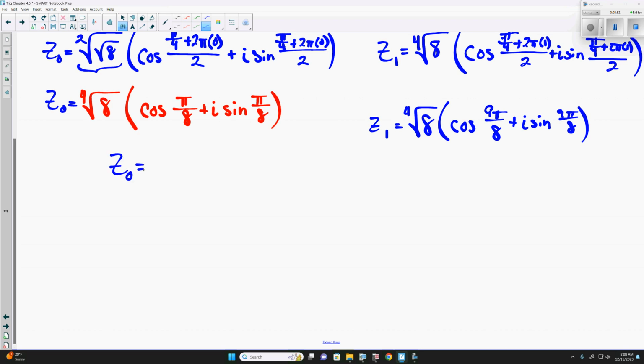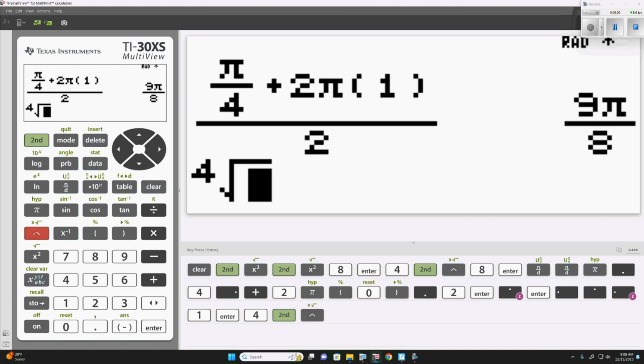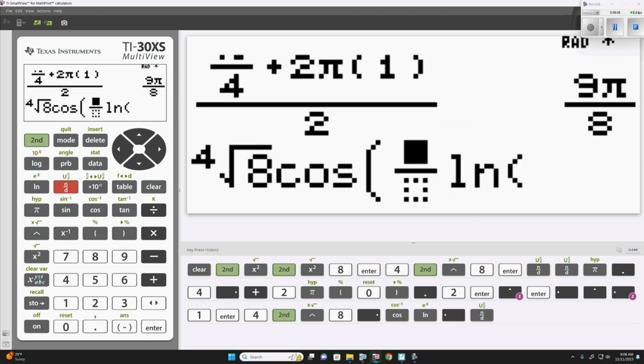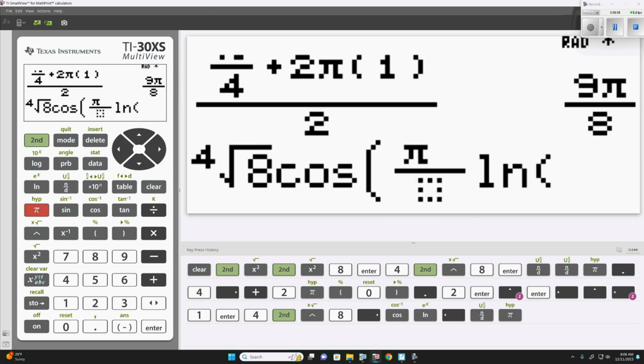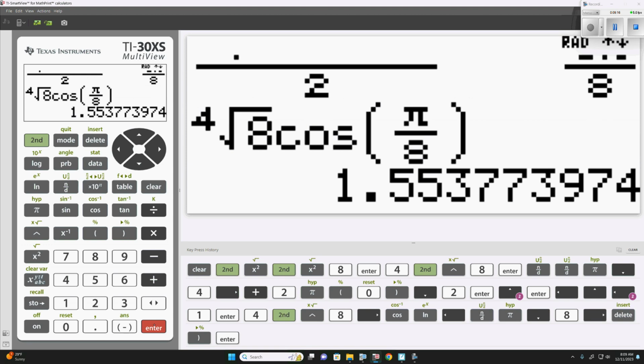Now the last thing we can do is actually figure out or calculate this out. So it is in radians, so we can say the 4th root of 8 cosine of pi over 8. We'll go out 4 decimal places for these here because if it doesn't give us a nice number, we're going 4 out.